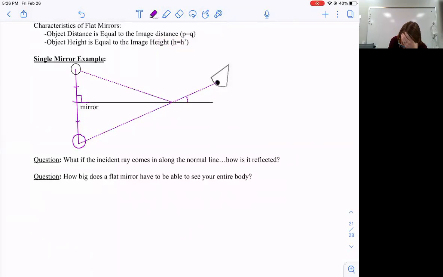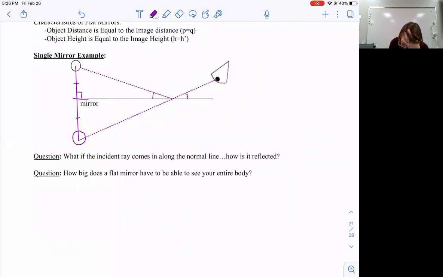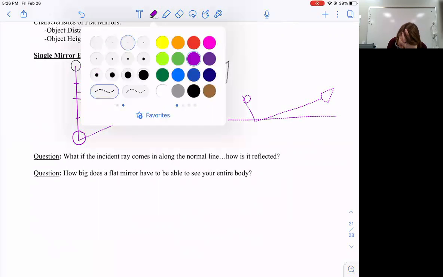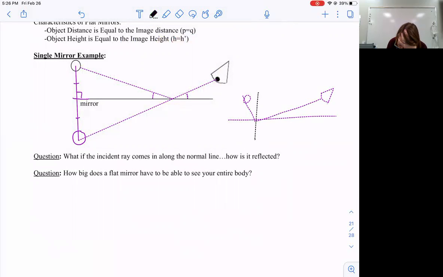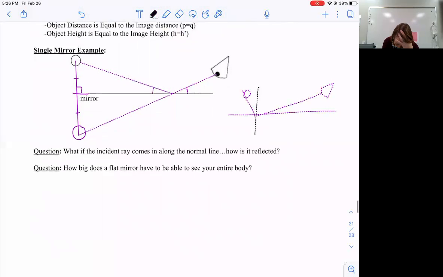And you'll always get congruent angles. What we wouldn't want to do is draw something like this, because here we are flagrantly disobeying the law of reflection. These two angles here are not the same, and that's a problem.